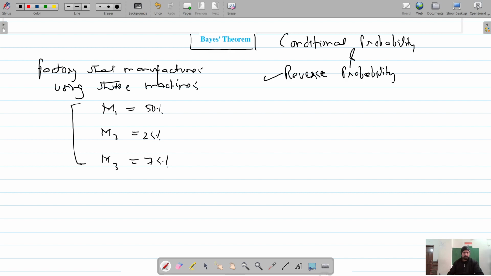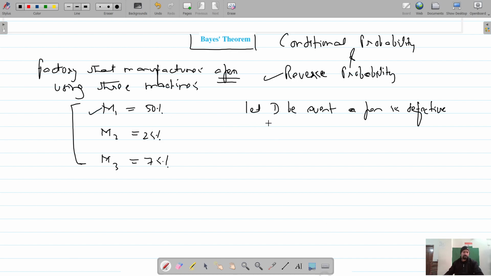And now, because a factory manufactures pens, let's say a defective pen is also one of those pens, and let D be an event that a pen is defective.